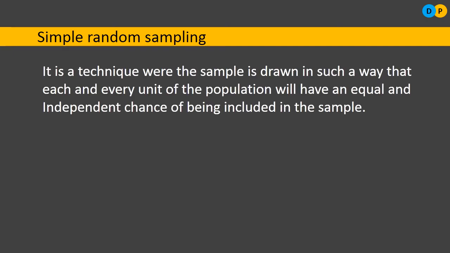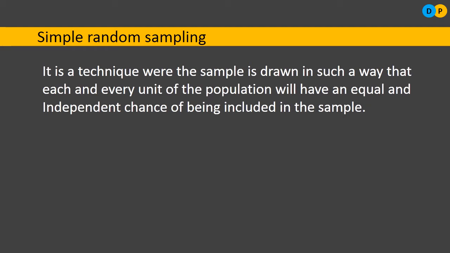It is a technique where a sample is drawn in such a way that each and every unit of the population has an equal and independent chance of being included in the sample. Each and every unit in the population gets an equal chance to be represented in the sample. Here we are not biased to any one particular unit. All the units have equal priority, and anyone can get into the sample.